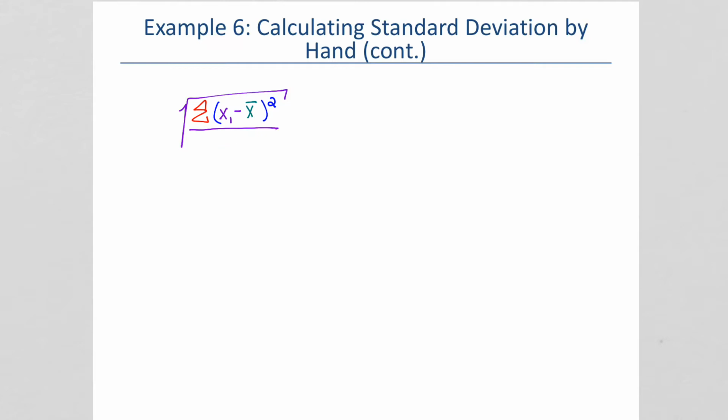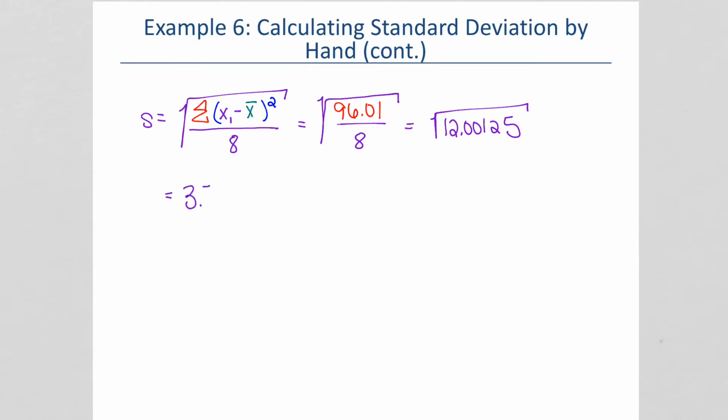So here's what we had so far. And so what we need to do is put in our sum of 96.01 on top. Now all we've got to do is divide. And take the square root.